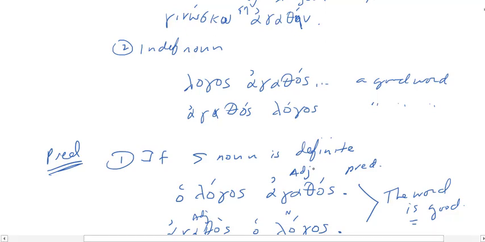And of course, if these were in the accusative case, it could only be one thing, right? If I had logon agathon, it would be the object of some verb. I know a good word, right? It couldn't be a predicate adjective because predicate adjectives are always what case? Nominative. So, hopefully that helps you a little bit.